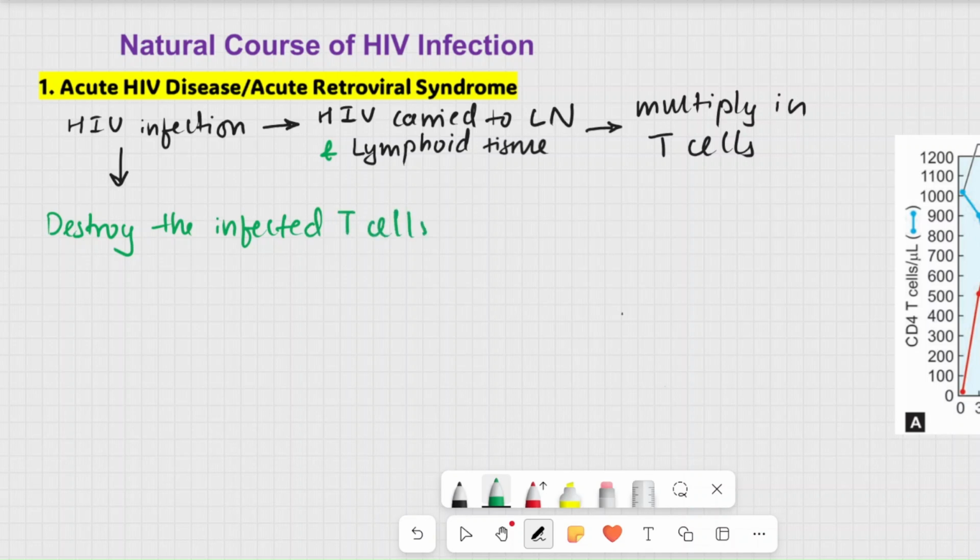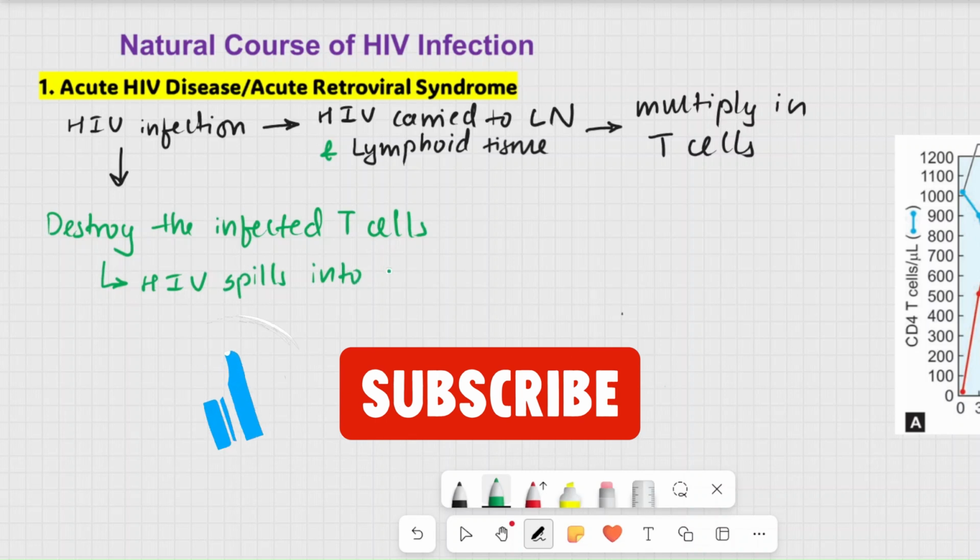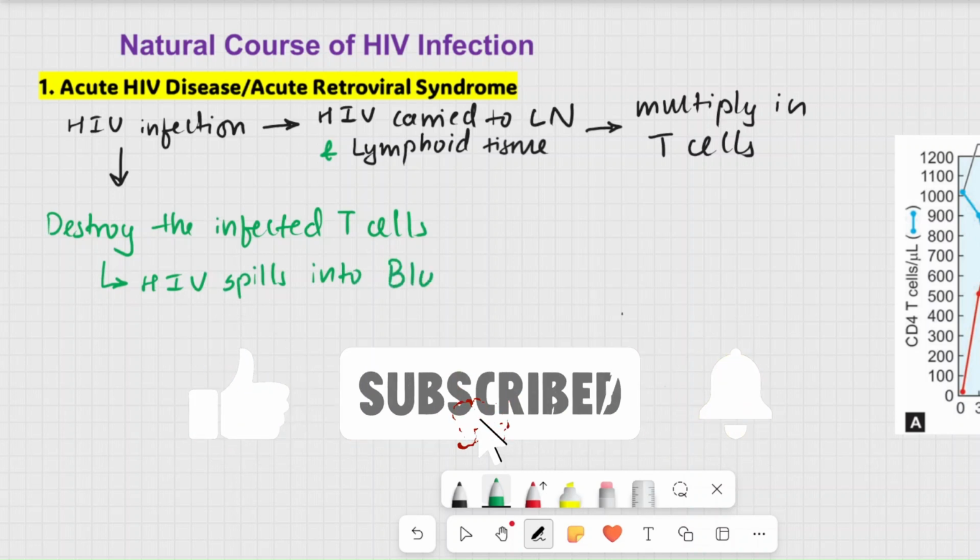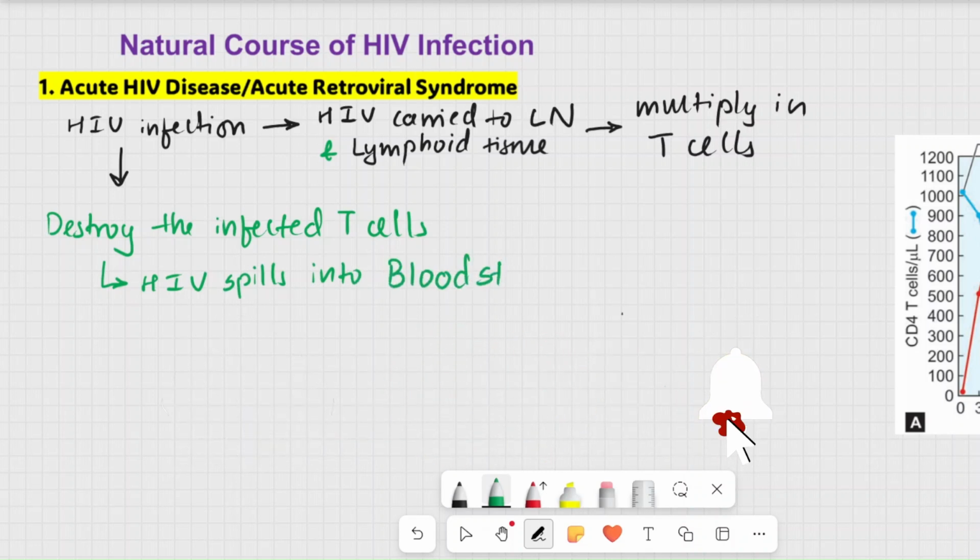And since the HIV virus is inside the T cells and now it is destroying the T cells, the HIV is entering inside the bloodstream. So can I say that the HIV virus spills over into the bloodstream. Now the virus entering inside the bloodstream, what is the condition referred to as?